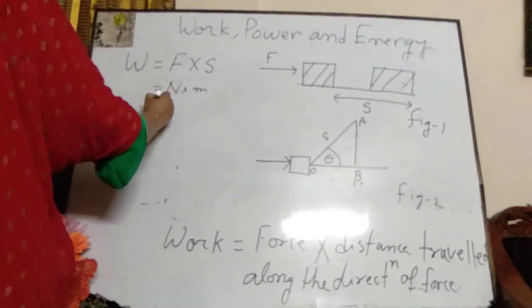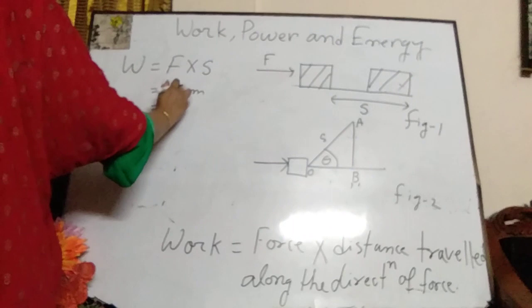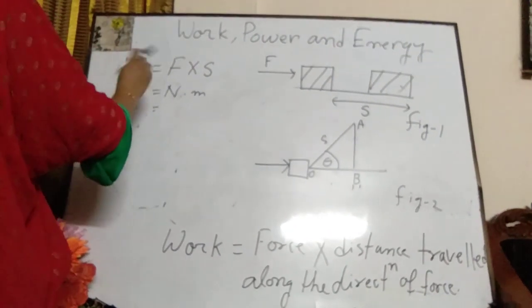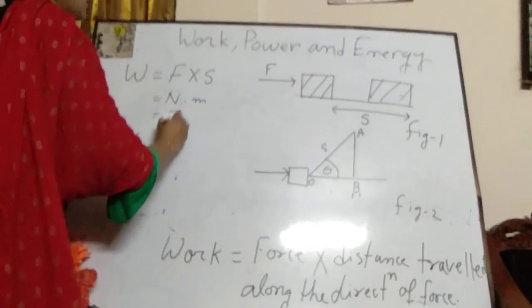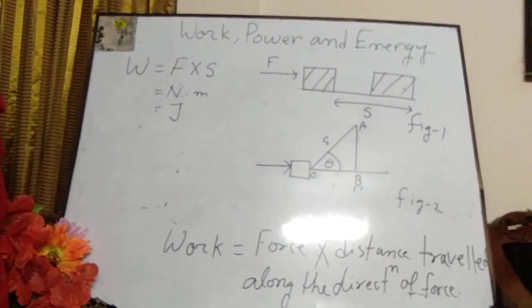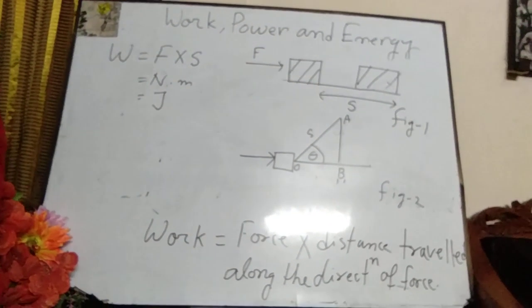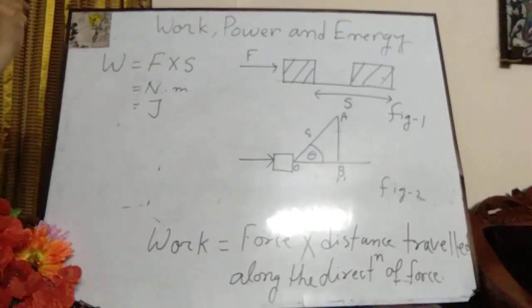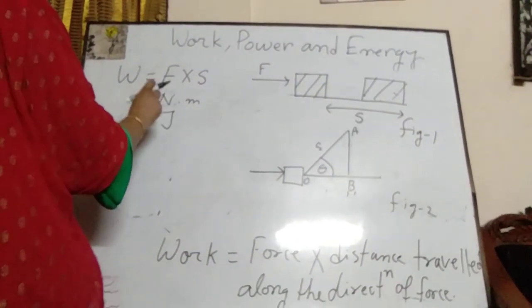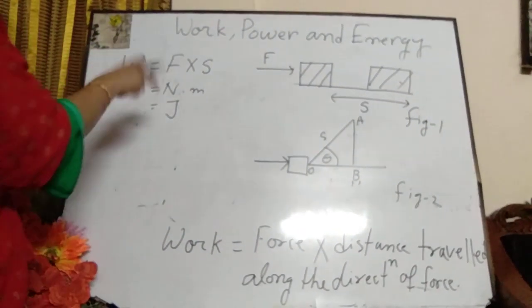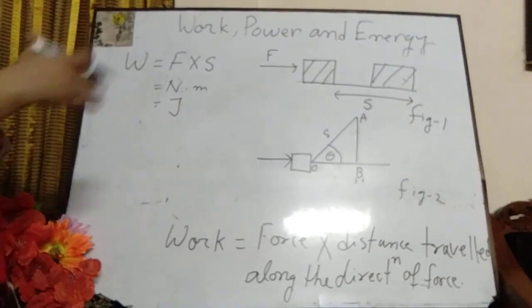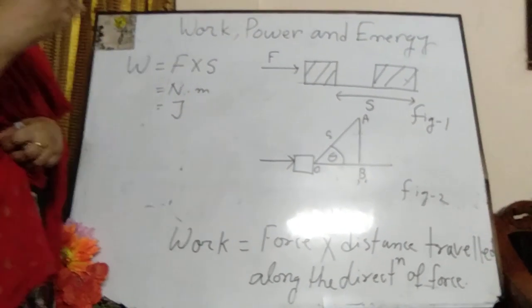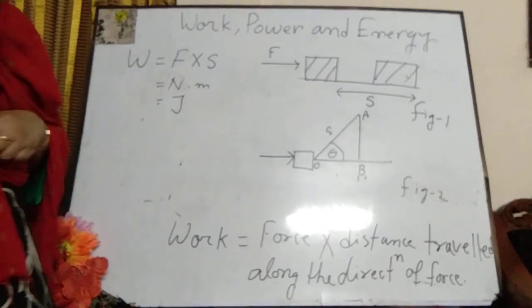So Newton into meter, we can just give a dot, Newton dot meter, that also means multiplication, equals joule. So if I ask what you mean by 10 joule work, that means 10 Newton force is applied and as a result 1 meter displacement occurs. So that is 10 joule. This type of significance can come into your exam as a B number question.